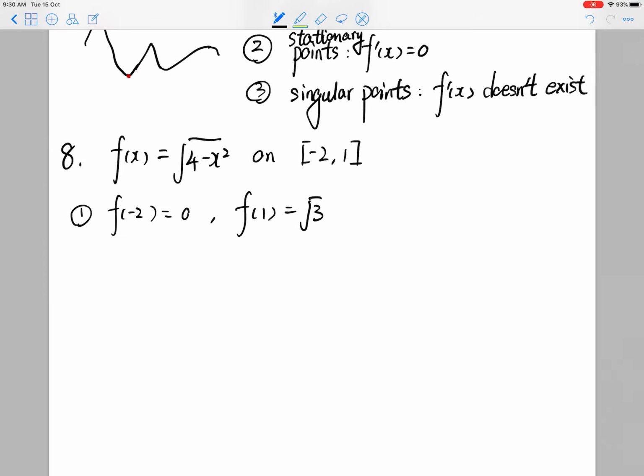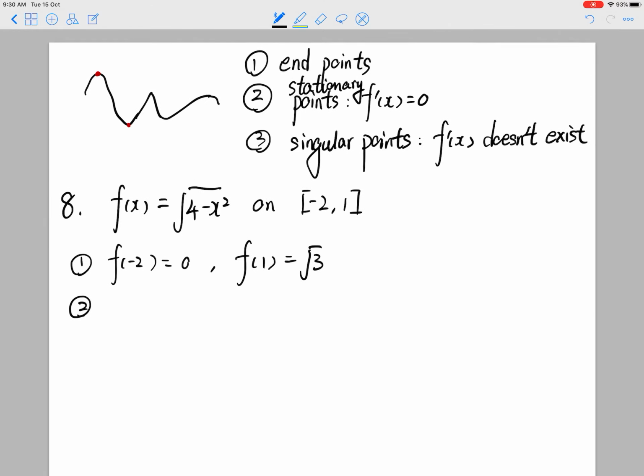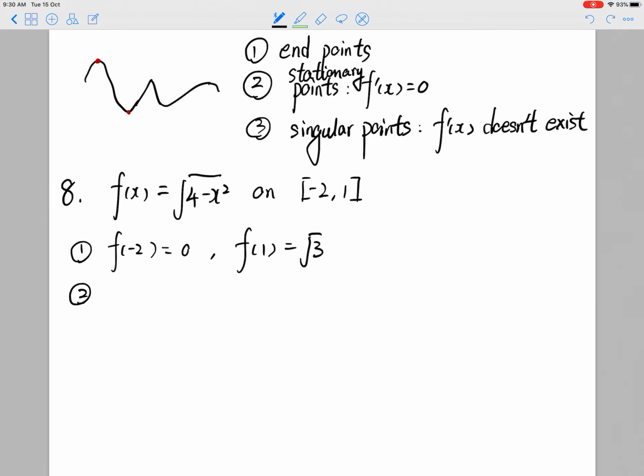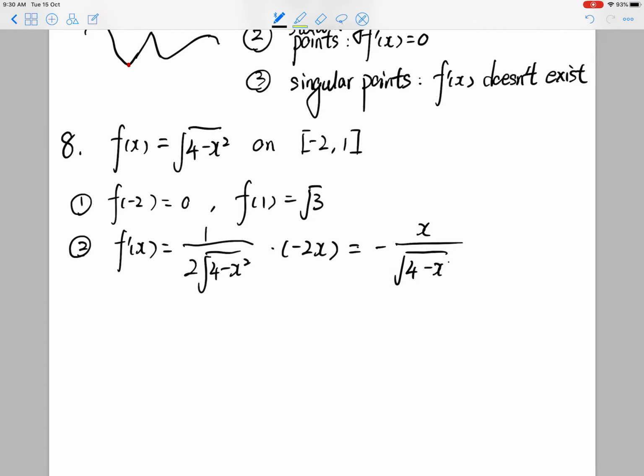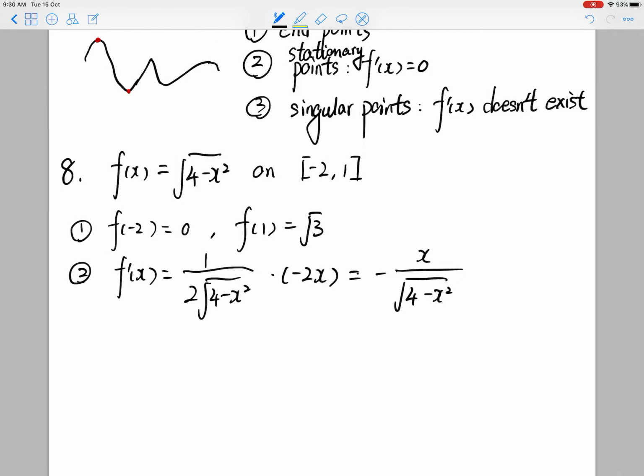So second is the stationary point. Because a stationary point is related to the derivative, you have to differentiate it first. If you differentiate, it's 1 over 2 square root of 4 minus x squared times -2x. So it's negative x over square root of 4 minus x squared. Now on the interval, is there any stationary point?